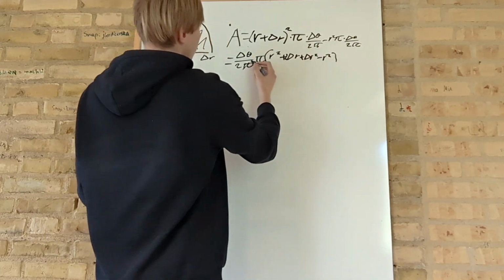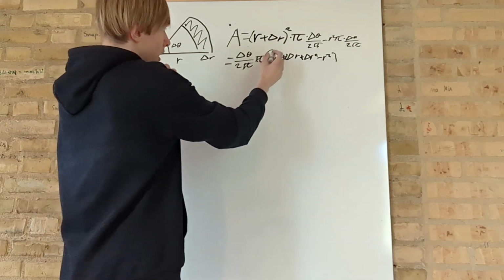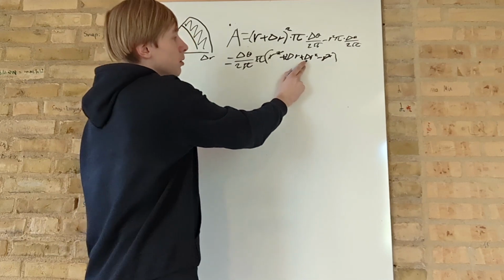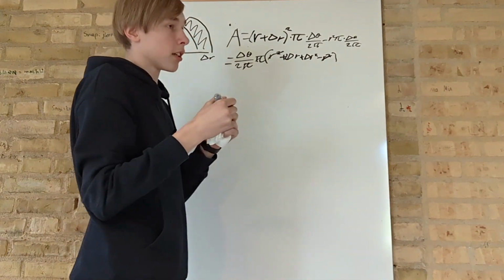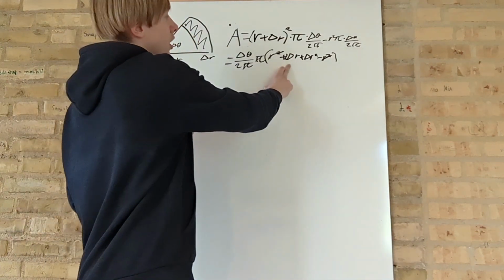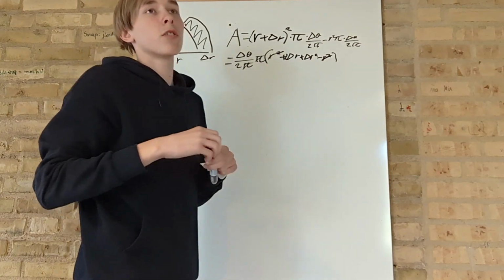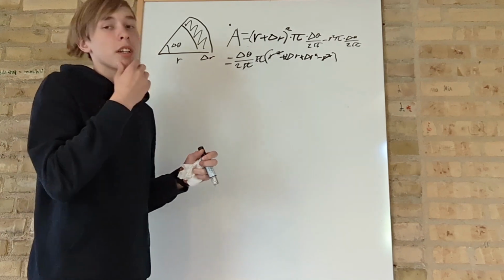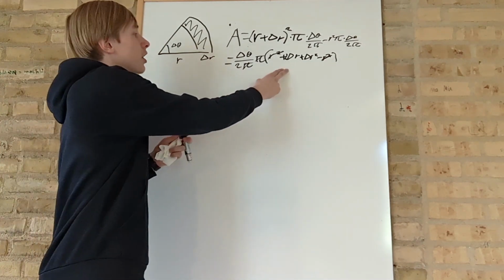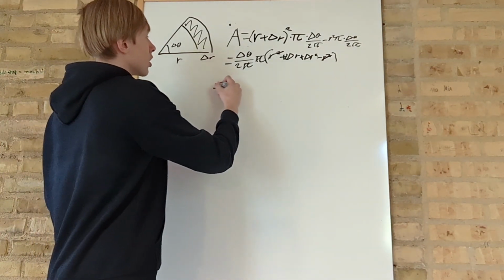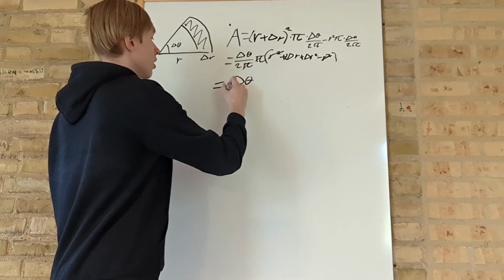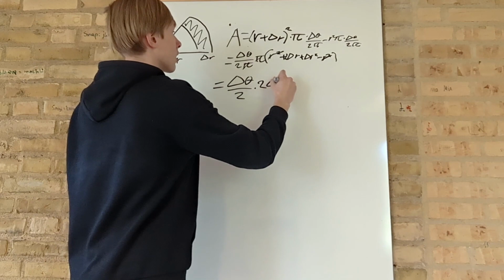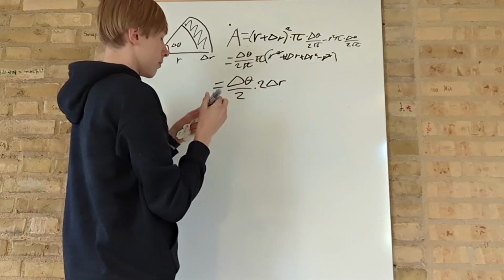And now we can cancel this and this and these, and this delta r squared term will shrink much faster than this other term, and will therefore not be important for these calculations, which will give us the delta theta over 2 pi times 2 r delta r.